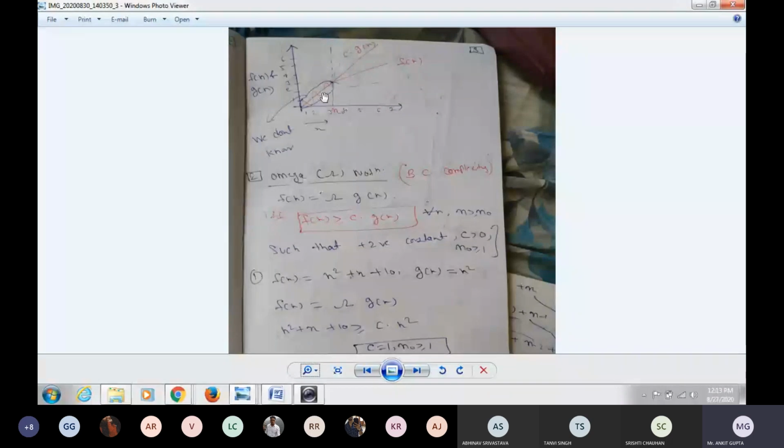But whenever I get the value of C and n naught, then I can say that in big O notation, g(n) will always be greater than or equal to f(n). So the graph will become like that, f(n) like this and g(n) like this. So g(n) is above f(n) in the big O notation.